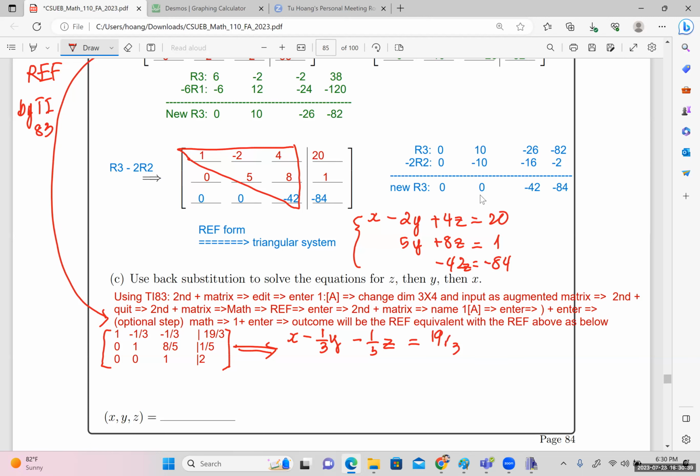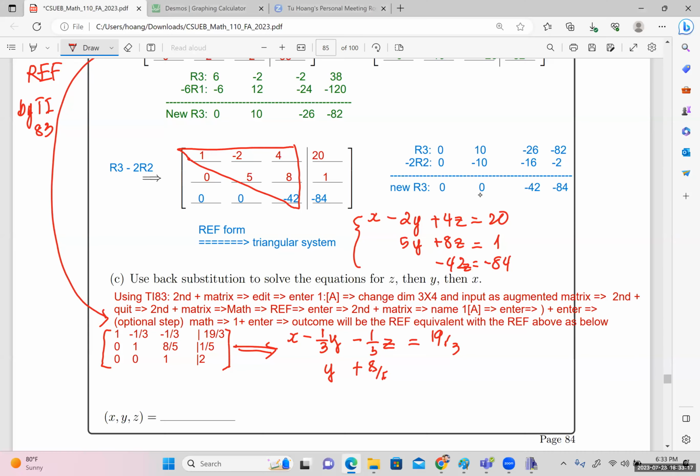And then the second one will give you y plus 8/5 z equal to 1/5. The last one is z equal to 2.